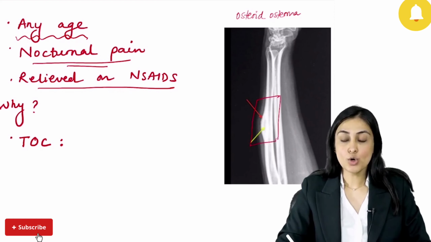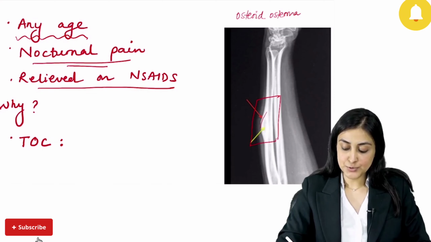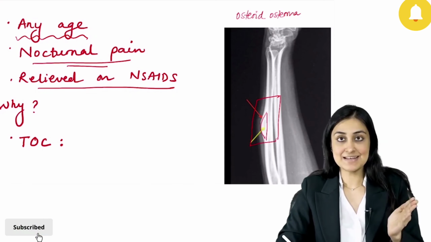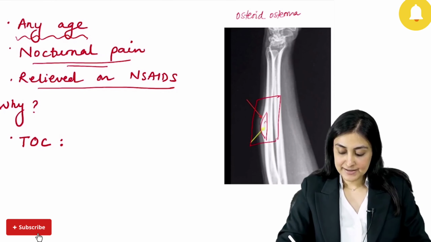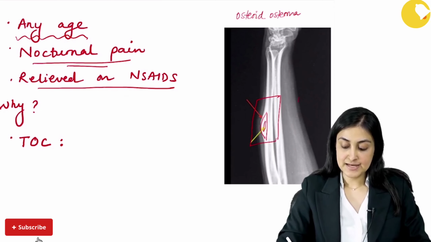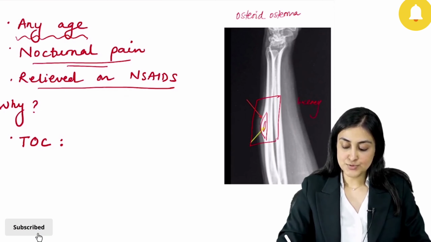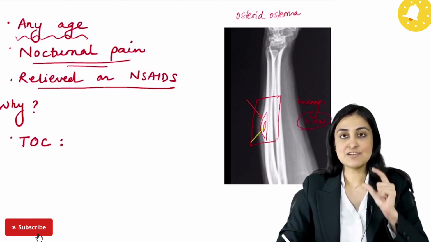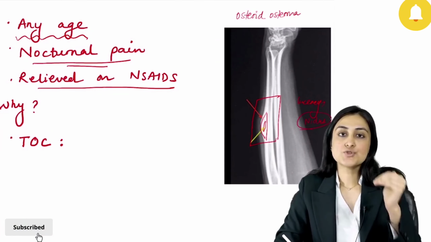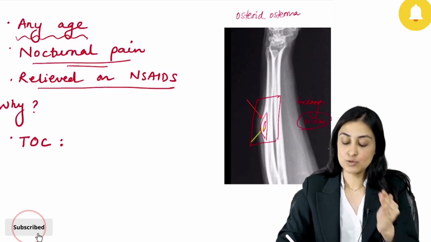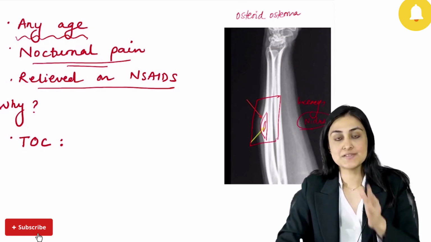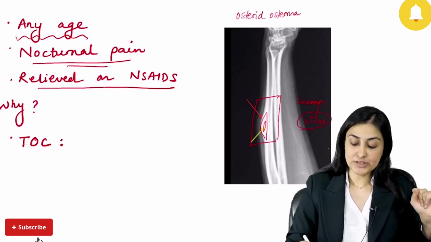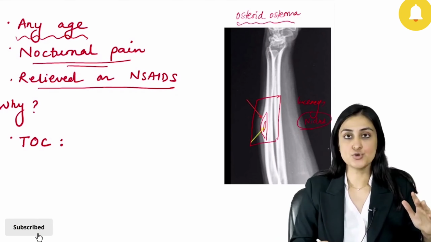There is a cortical based lesion, predominantly eccentric towards the cortex, with a central lucency. This central lucency is referred to as the nidus, with a predominantly solid periosteal thickening, and it is cortical based. All of these features favor an osteoid osteoma.